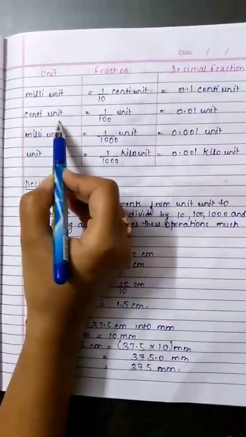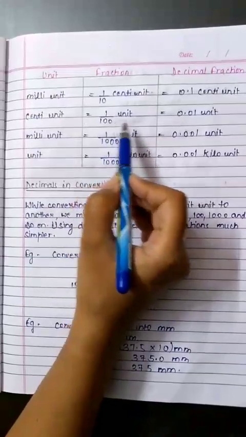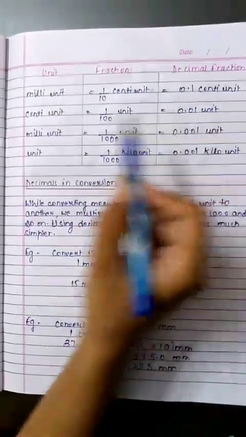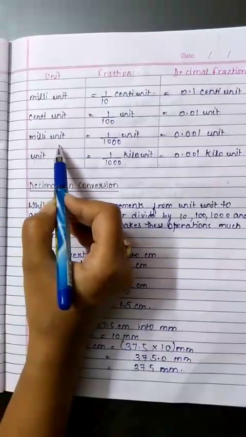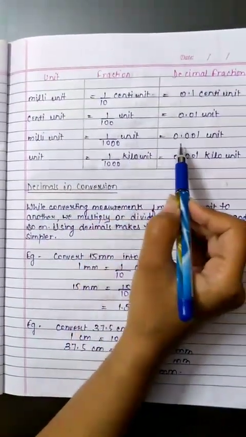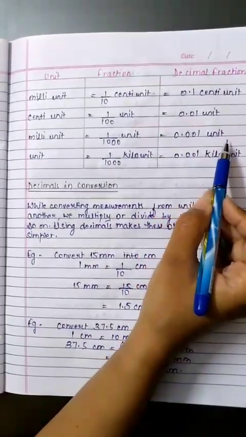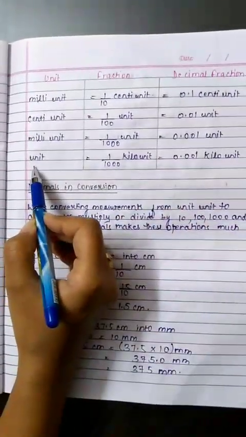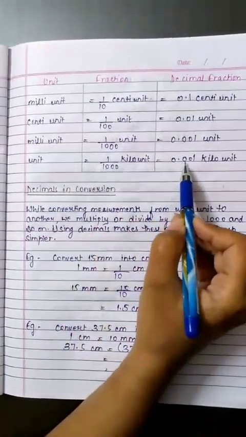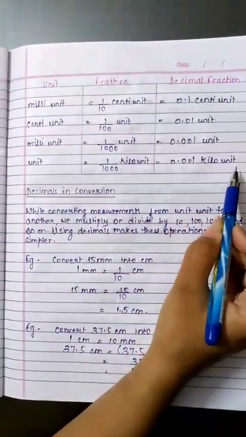Second, centi-unit is equal to 1 upon 100 unit and can be written as 0.01 unit. Third, milli-unit equals 1 upon 1000 unit, which can be written as 0.001 unit. Next, unit equals 1 upon 1000 kilo-unit, which can be written as 0.001 kilo-unit.